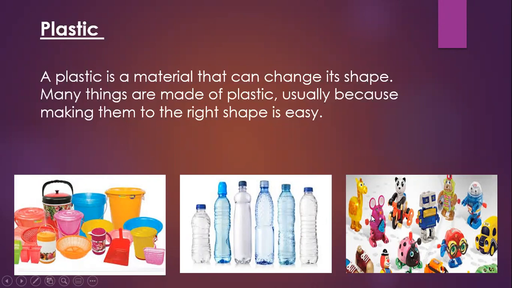Nowadays, if you have a look around you, you can find that a lot of things are made of plastic. Plastic bags, plastic chairs, plastic toys, plastic bottles, even plastic tables. All these things are made of plastic.